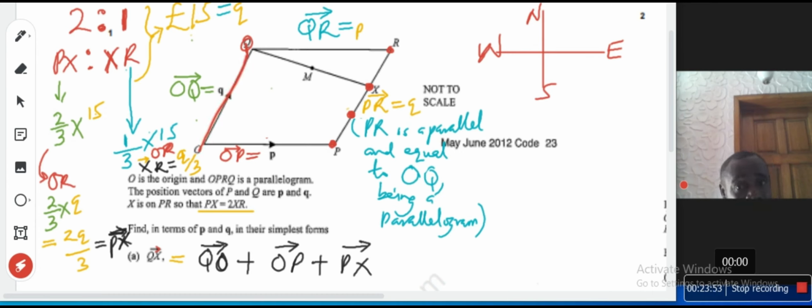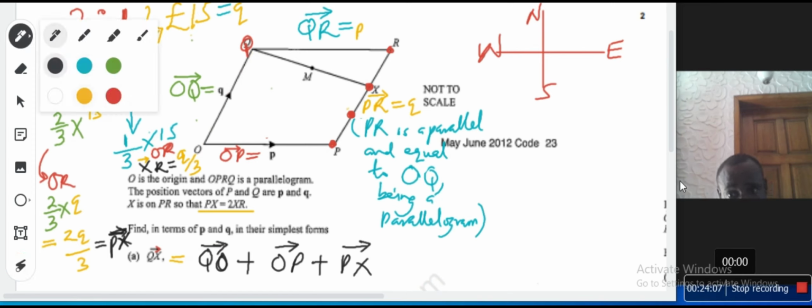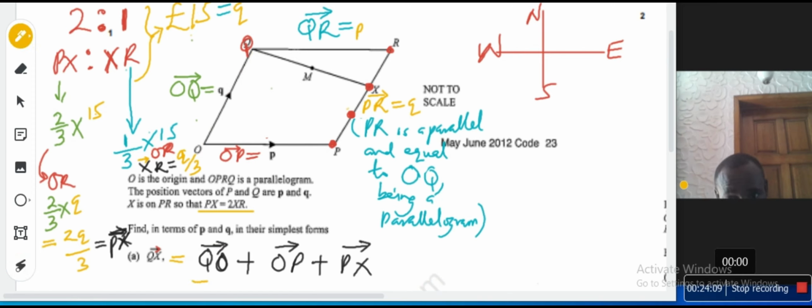Yes, O to Q is Q, but now we are moving Q to O. So what's the value of Q to O? Opposite. So it's not just Q, it's minus Q.